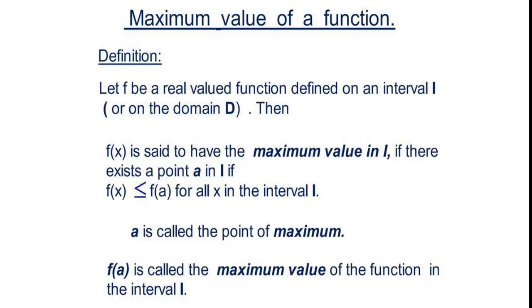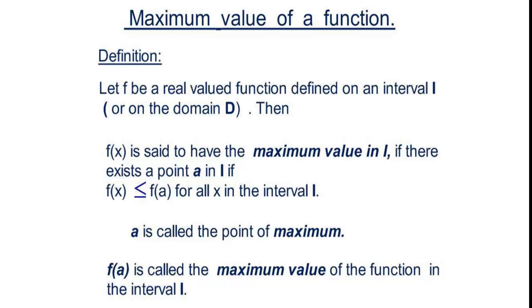The definition is: let f be a real valued function defined on an interval I or on the domain D. Then f of x is said to have the maximum value in I if there exists a point a in I such that f of x is less than or equal to f of a for all x in the interval I, and a is called the point of maximum and f of a is called the maximum value of the function in the interval I.